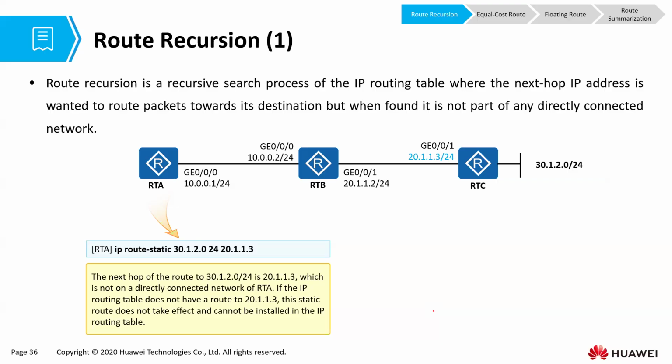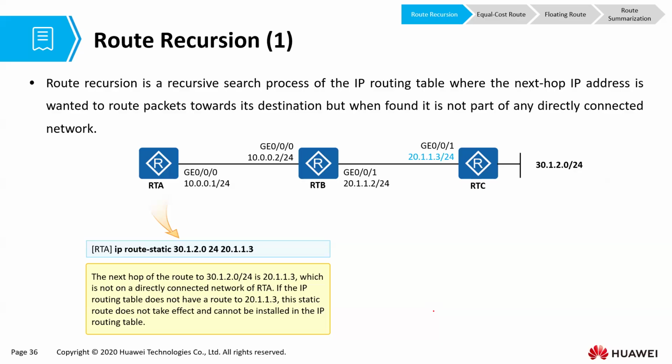When we talk of recursion, it's a case where we have multiple lookups to the routing table, usually caused when a route uses a next hop IP address instead of a directly connected interface to get to the destination.